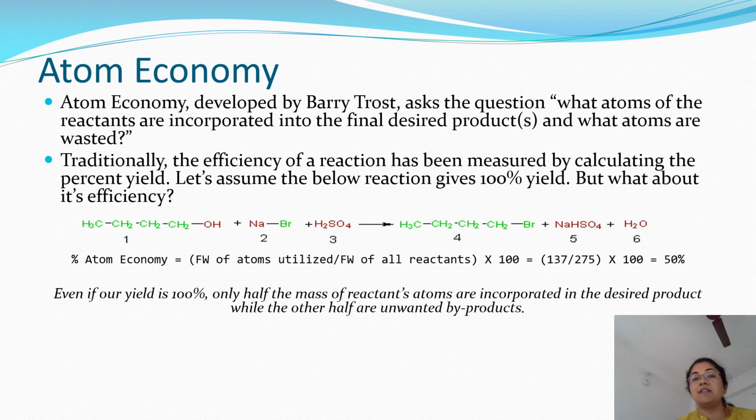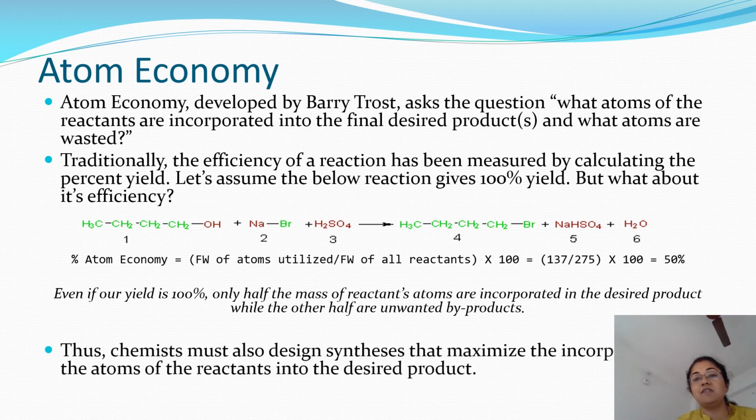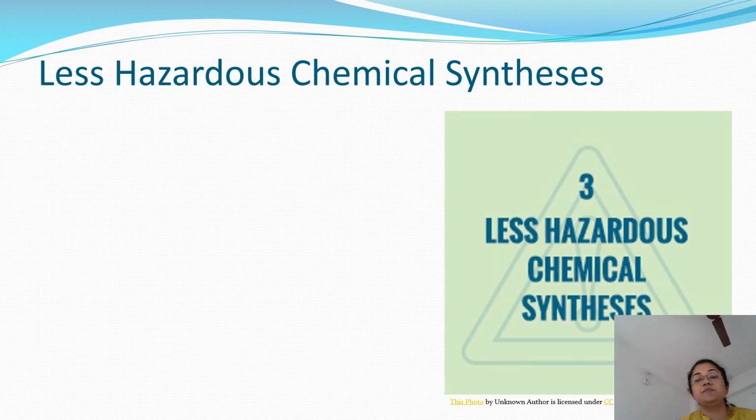Even if our yield is 100%, only half the mass of the reactant atoms is incorporated in the desired product, which means the other half are unwanted byproducts. So we must design methods that give us more insight into developing this method.